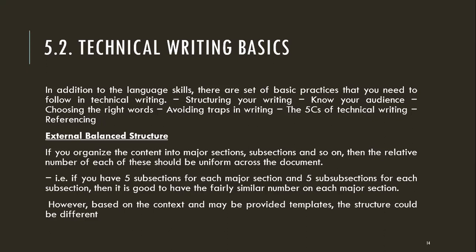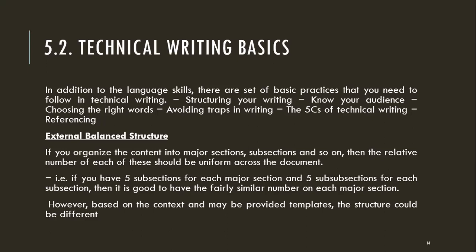Now let's take the basic practices one by one and see what exactly you have to possess in doing a good technical writing piece, right? So structuring your writing is one main component. If you organize the content of your writing into major sections, subsections, and so on, then the relative number of each of these should be uniform across the document.